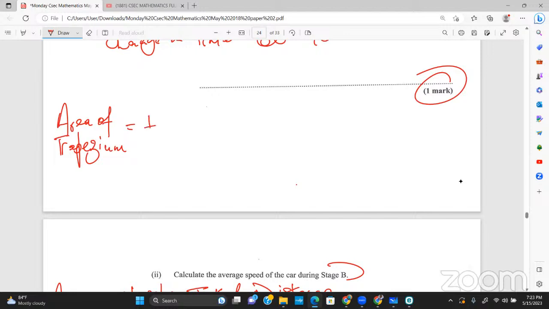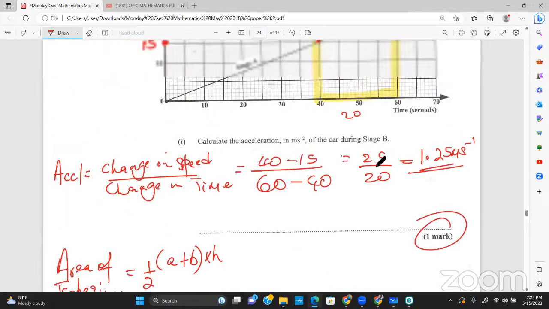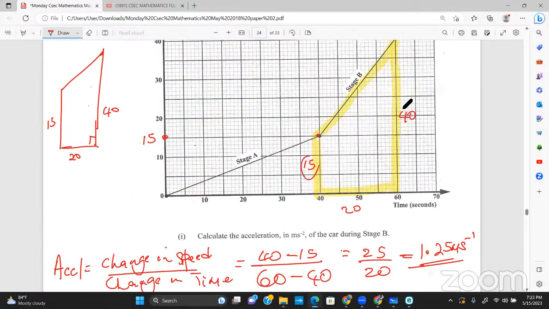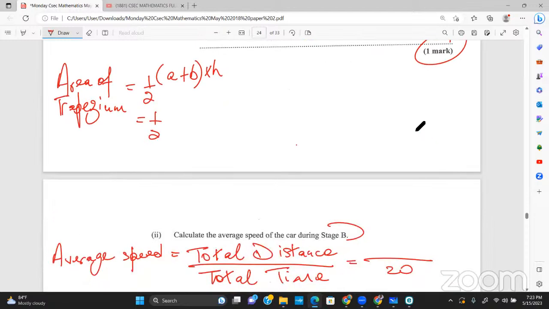So it's going to be half the sum of the parallel sides times the height. Half the sum of the parallel sides, 15 and 40. So it's going to be half of 40 plus 15, times 20. Let's take our time and work that out.